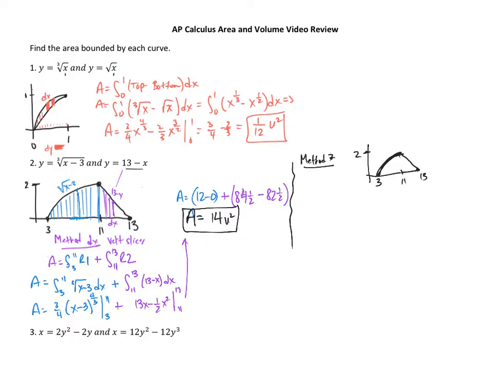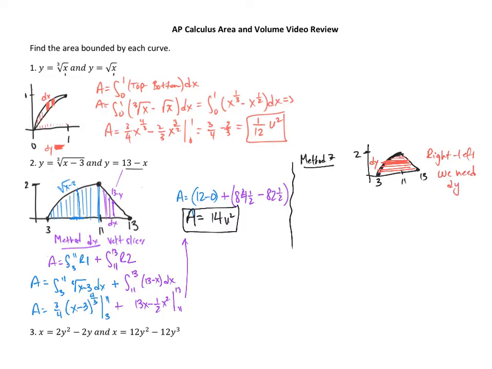This time, I'm going to take my horizontal slices, and if I take horizontal slices I end up with thicknesses of dy. So this will be the right curve minus the left, and notice if I did it this way I'm just going from 0 all the way up to 2, and I don't need to use two regions.